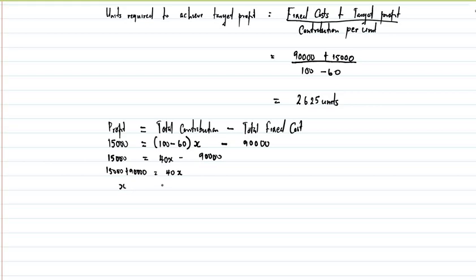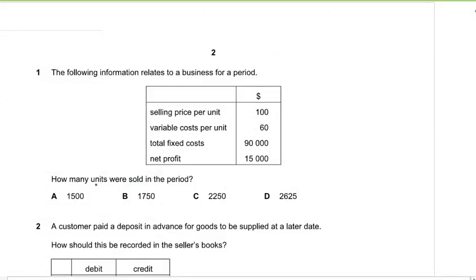Therefore, x is equal to 105,000 divided by 40. X will be equal to 2,625 units as well. So let's look at our answers. 2,625 units is found at letter D. So that's the answer that we are looking for.